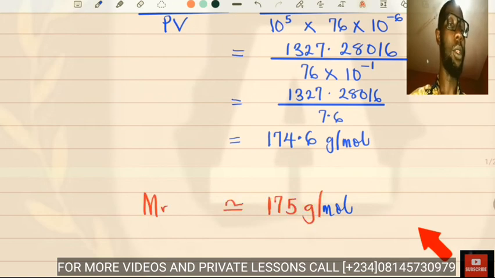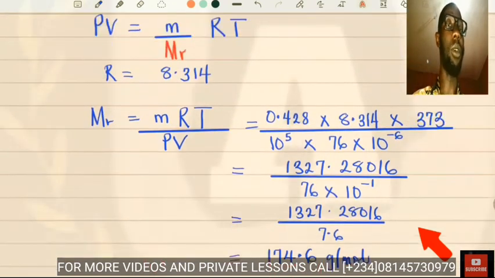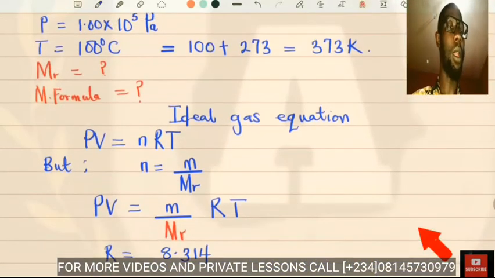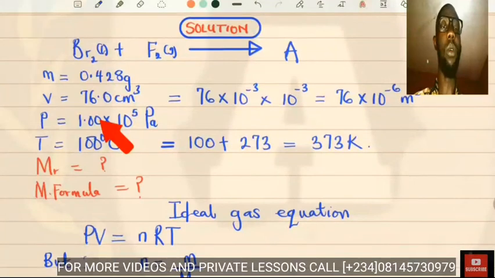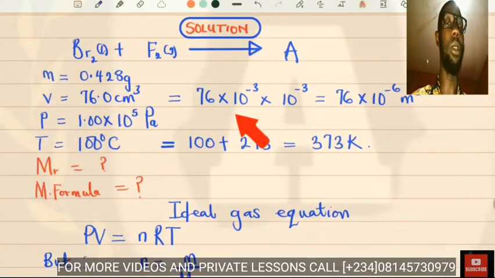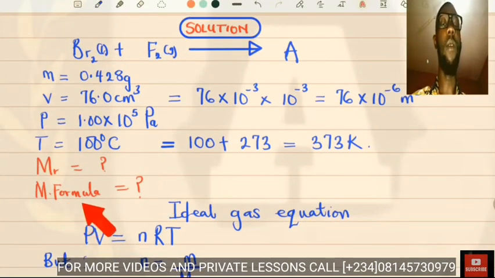All right, so now that we've gotten the molar mass of compound A, what would the product be for us to get a formula mass?